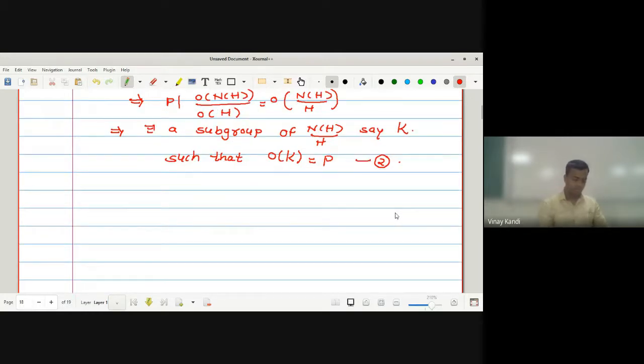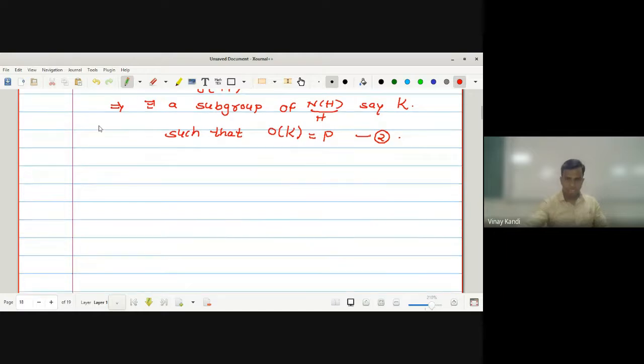Now look at here. We know that subgroup of quotient group is quotient.